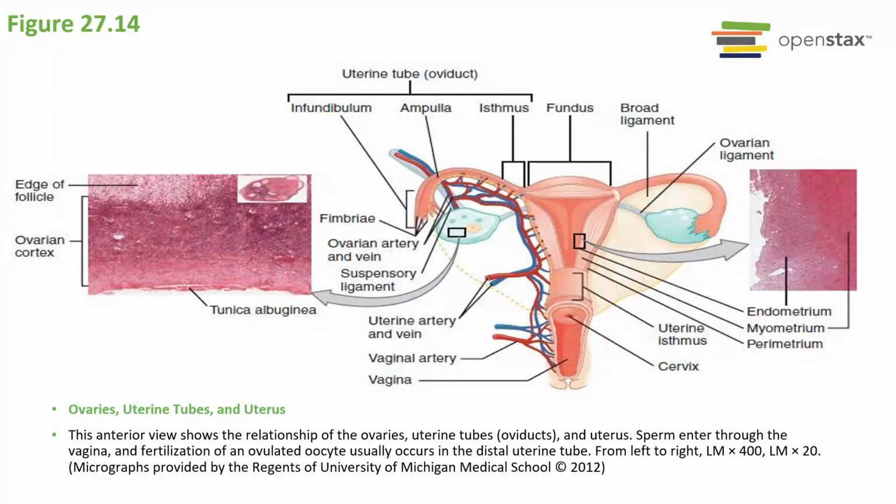It is the myometrium that is able to contribute to contractions during labor. And lastly, the most outer layer is the perimetrium, and it is incomplete because it only covers part of the uterine body and not the cervix.